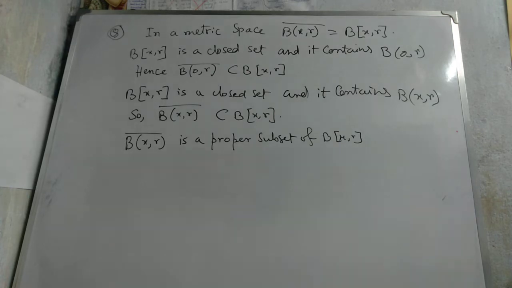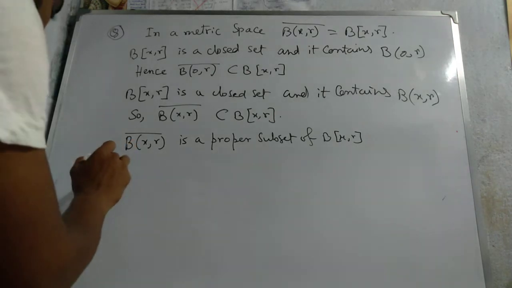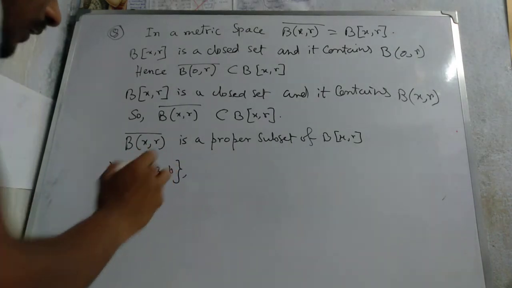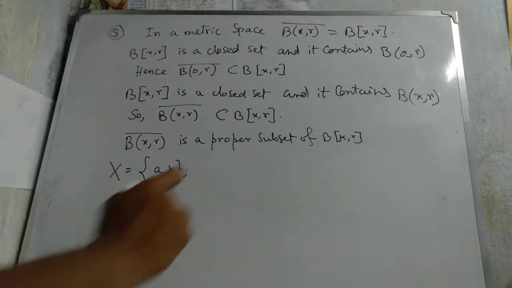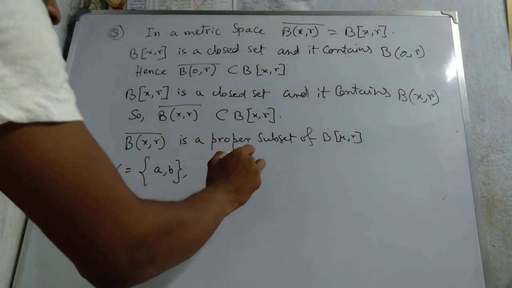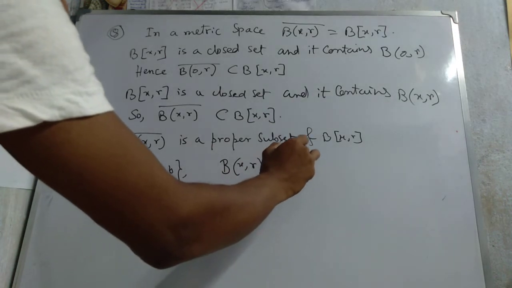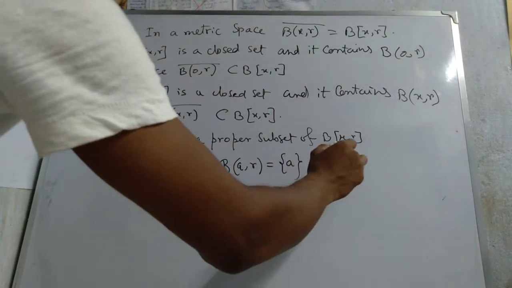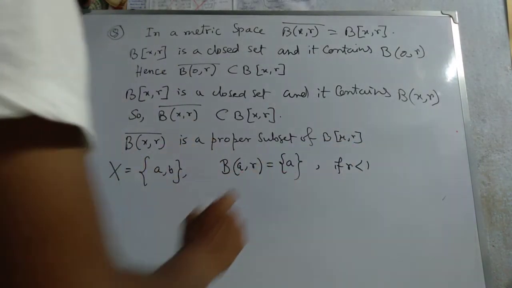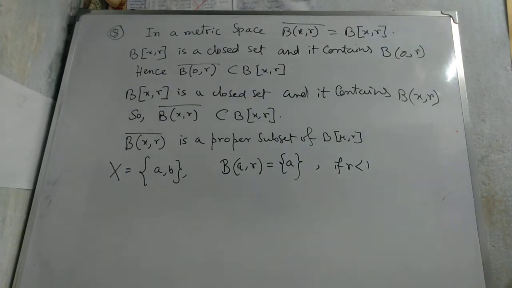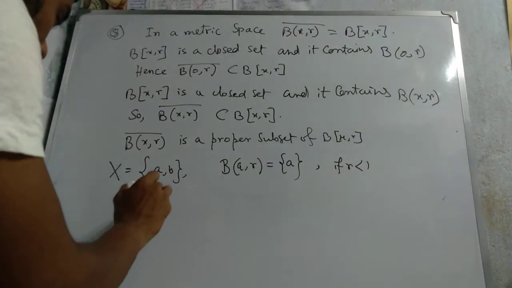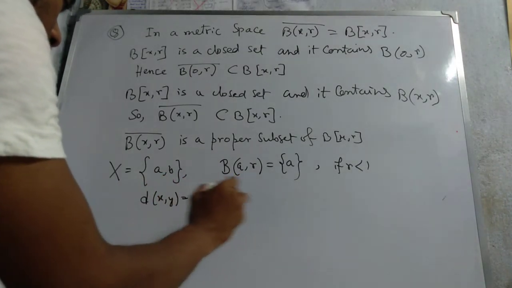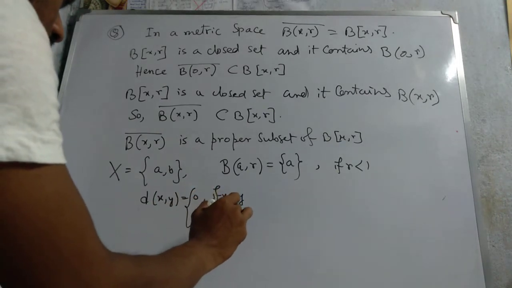We first choose X equal to any 2-point set {a, b}. This one is a discrete metric space. That means B(x, r) equals the singleton {a} if r is less than 1, because we know that d(x, y) equals 0 if x equals y, and 1 if x is not equal to y.